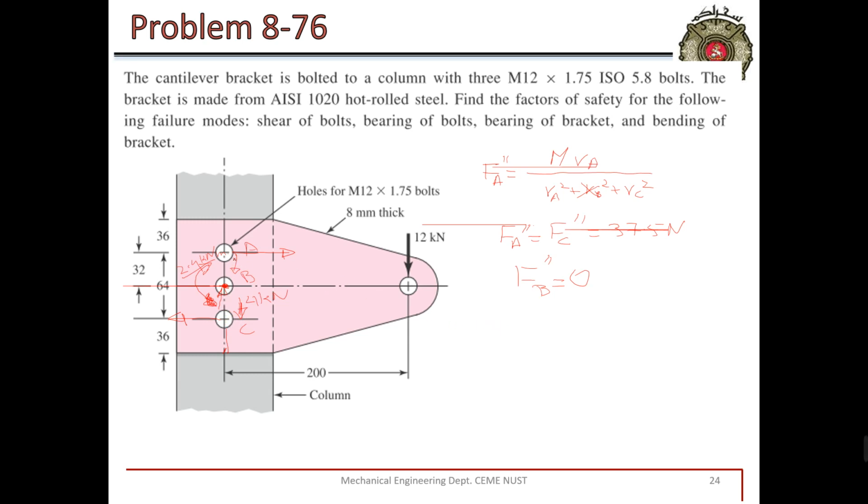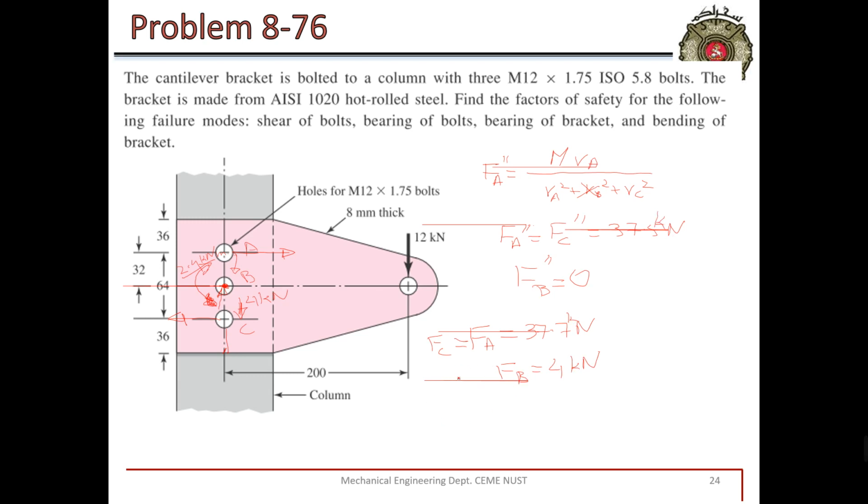Simply you need to calculate FA as the square root of FA prime squared plus FA double prime squared, similarly for C and similarly for B. So we get FA resultant equal to 37.7, and similarly FC as well, and FB is equal to 4 kilonewton. It is also kilonewton.